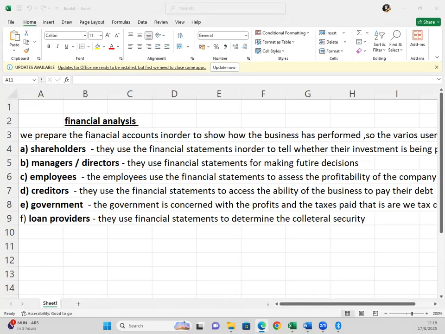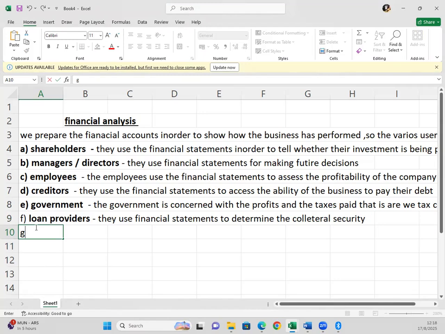So we are going to use the financial statements as current shareholders or even potential shareholders. Let's call them potential investors. The potential investors want to see whether it's worth investing in the company or not.